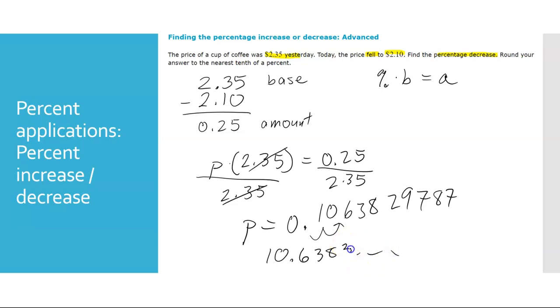I should write 3 if I'm going to truncate it. But then we're also told that we're supposed to round to the nearest tenth of a percent. So that means the place right after the decimal. So I want to round to this place right here. Look to the number after, I'm going to round down. And so our final answer is 10.6%. Make sure you convert it to a percentage before you round.